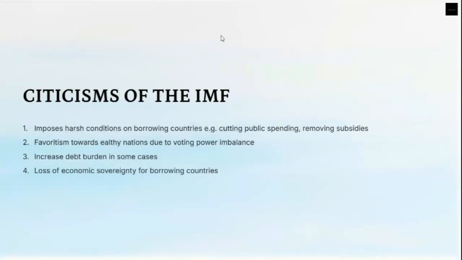So determinants of foreign policy include international environment, national interest, and domestic factors. Some include international interest, domestic factors, and international environment. Do you understand the question? No.